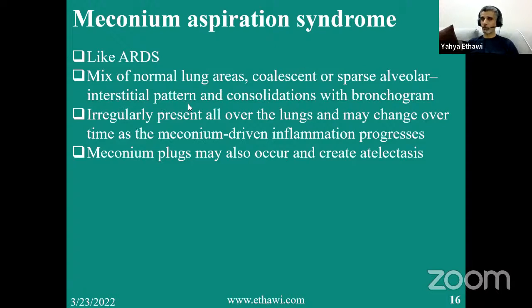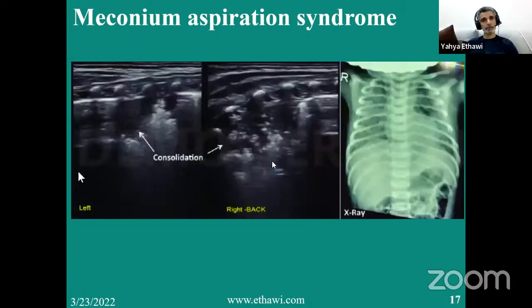You can see interstitial pattern or consolidation, sometimes with air bronchogram. Irregularity is present all over the lung and may change from time to time because the meconium is associated with an inflammatory process, and they change the course of disease. You might see a meconium plug and lead to atelectasis.